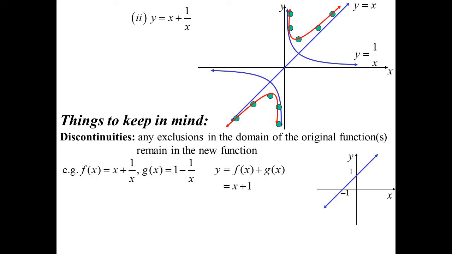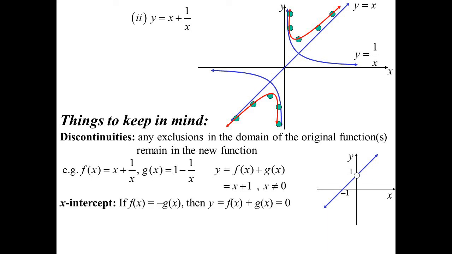So the temptation is to draw y equals x plus 1. But x can't equal 0, because I can't actually substitute into either of them. I'm going to have a problem if I substitute in x equals 0. So whilst we think it's y equals x plus 1, we'll have a point discontinuity at x equals 0 for those two added together.